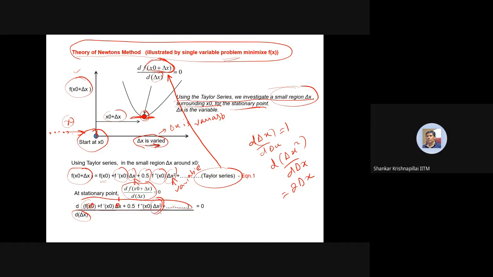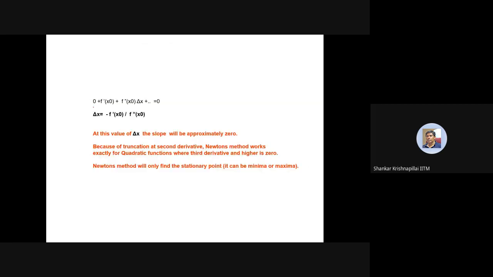So this becomes 2 delta x multiplied by 0.5. The 2 and 0.5 cancel each other and we get only delta x. You can equate it to 0, take delta x to one side, and you get delta x is equal to minus the first derivative at x naught divided by the second derivative at x naught.